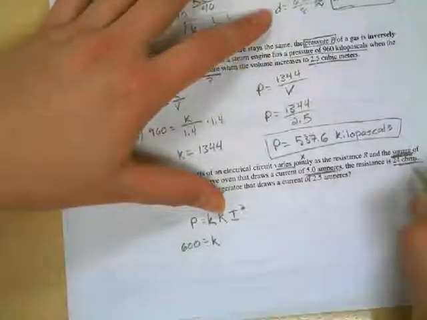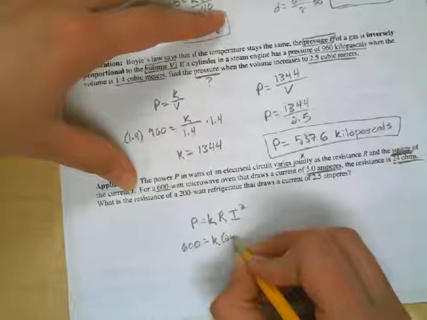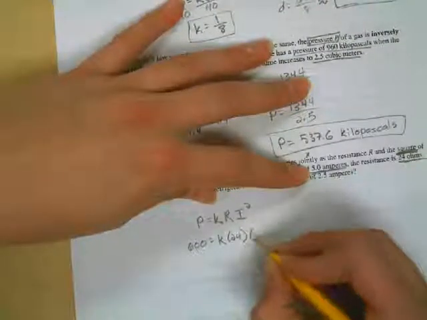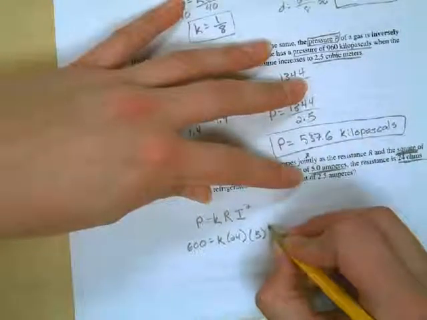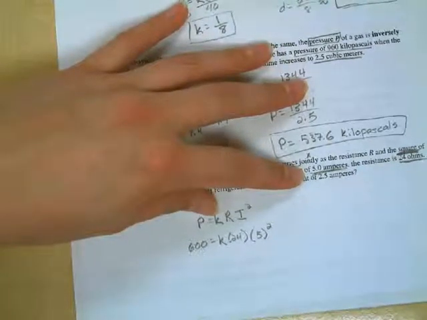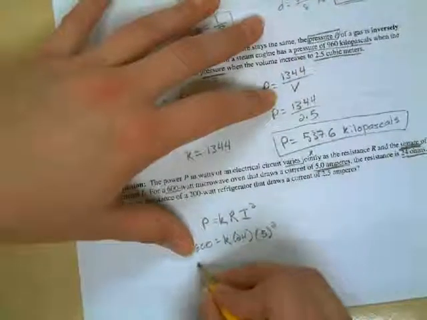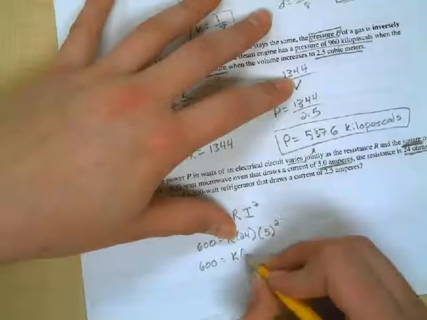The resistance is 24 ohms and the current is 5 amperes. You're going to get some big numbers here sometimes. So 600 is equal to K times 24 times 25.